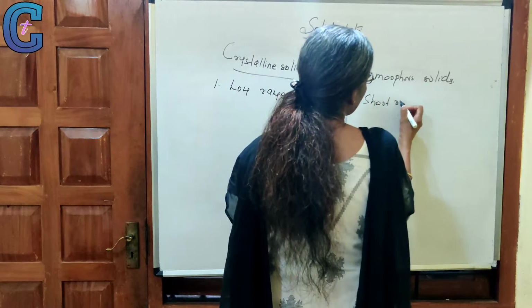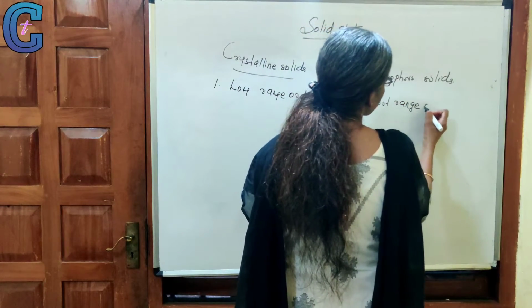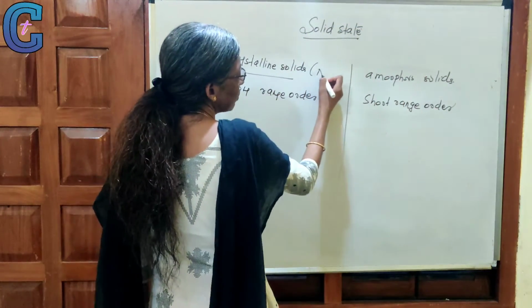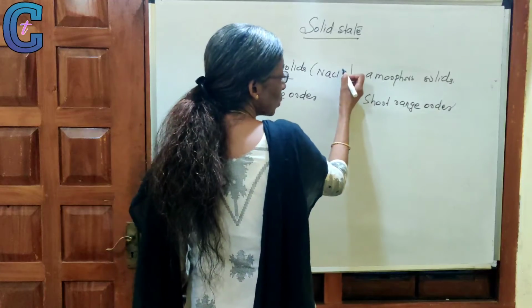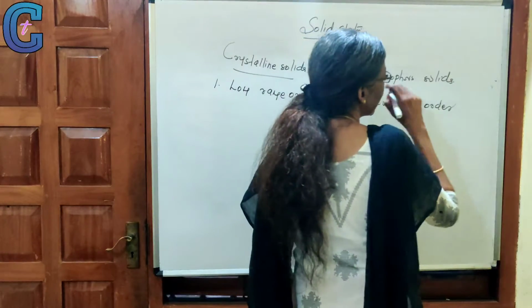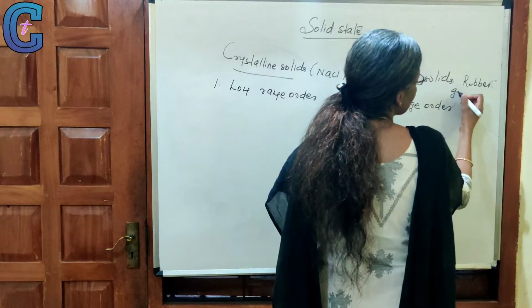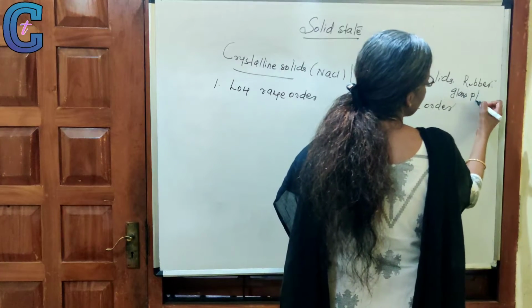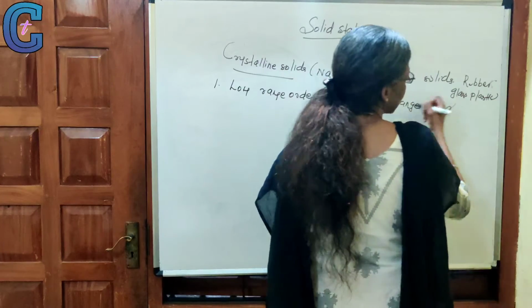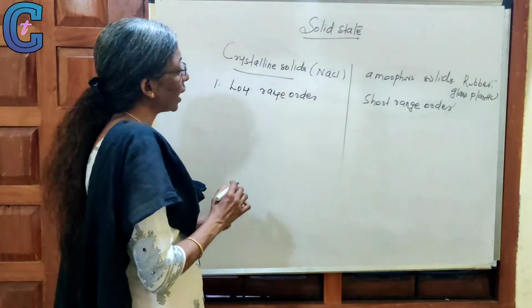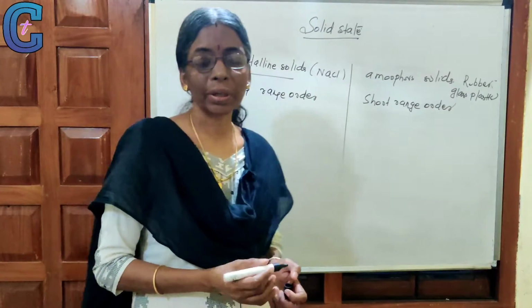Examples of amorphous solids are rubber, glass, plastic, etc.